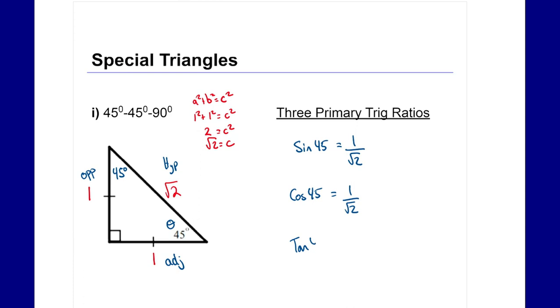And then tan of 45, opposite over adjacent, is 1 over 1, or just 1. So those are the three primary trig ratios for this particular special triangle, and those are the exact values. They're not rounded, or a long repeating or never ending decimal. These are the exact values.